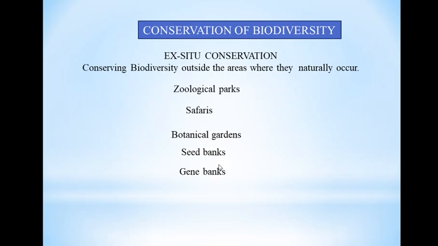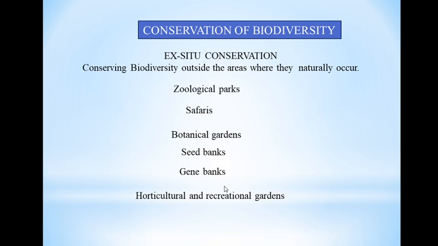These genes are stored, and when the time comes they are multiplied using different techniques. That is how we maintain the genes of the endangered and endemic species of the plant community's biodiversity.